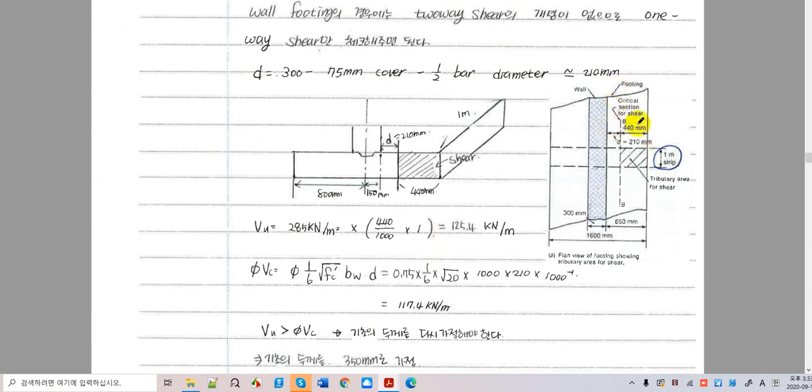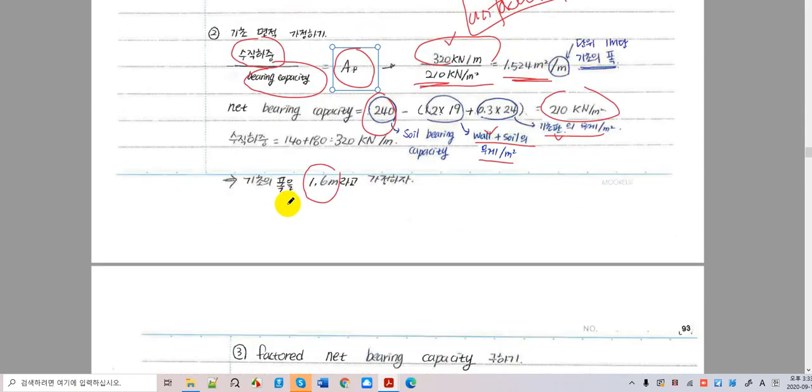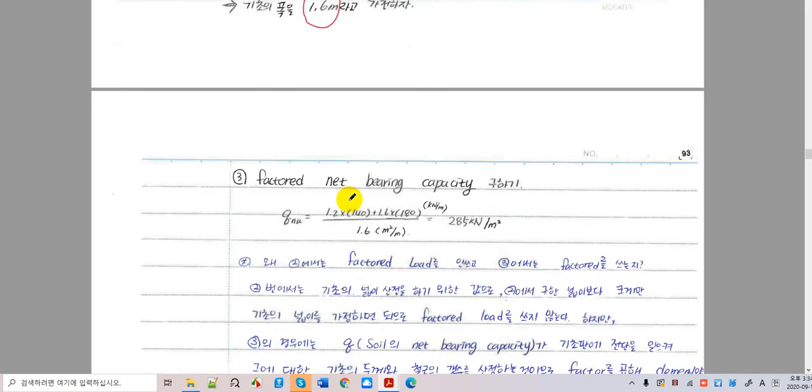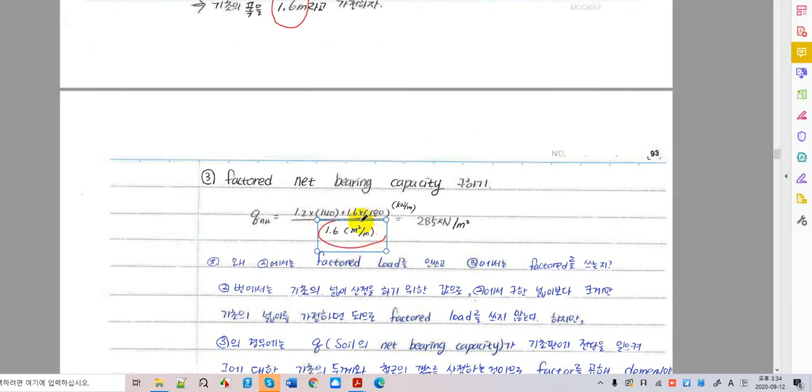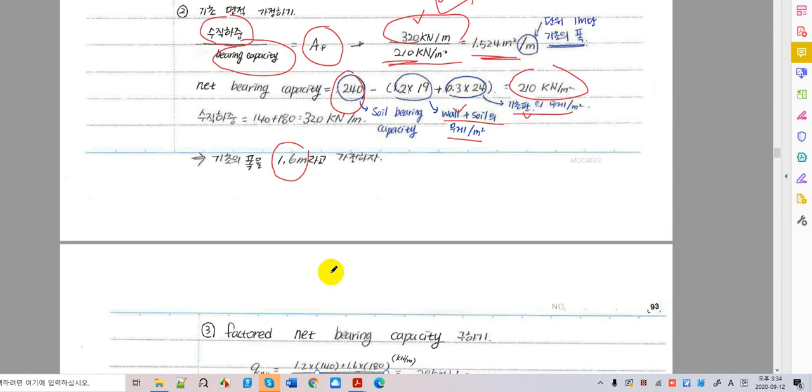So the area is 1.6 square meter per meter. Don't forget this is per meter, because we are assuming the width of the foundation first of all here.